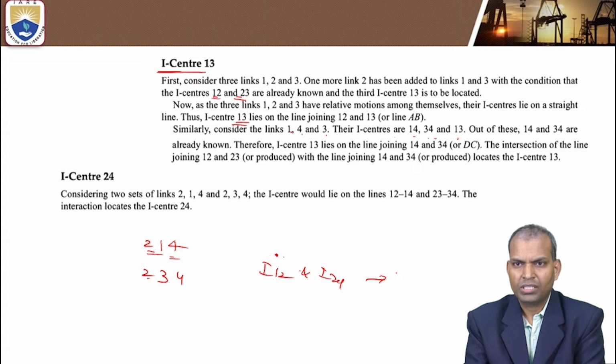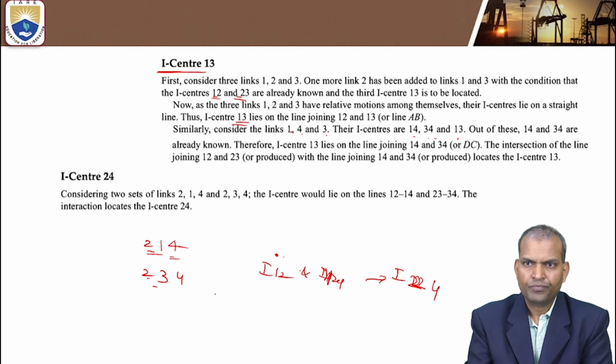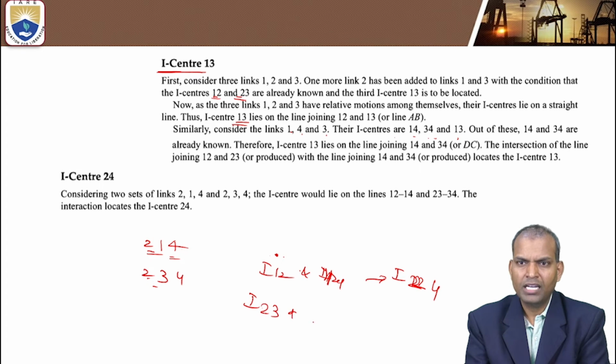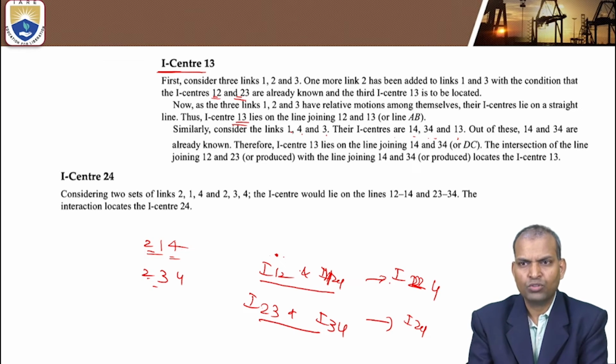Then it becomes one straight line through I2,4. Then another one, I2,3 and I3,4, if you extend, then I2,4. These both lines intersect at a point. That point is known as the I center 2,4.